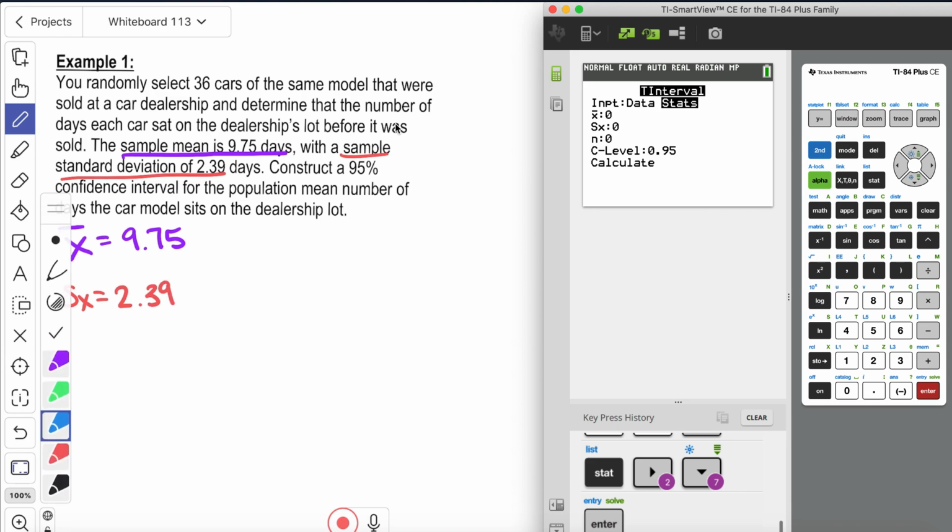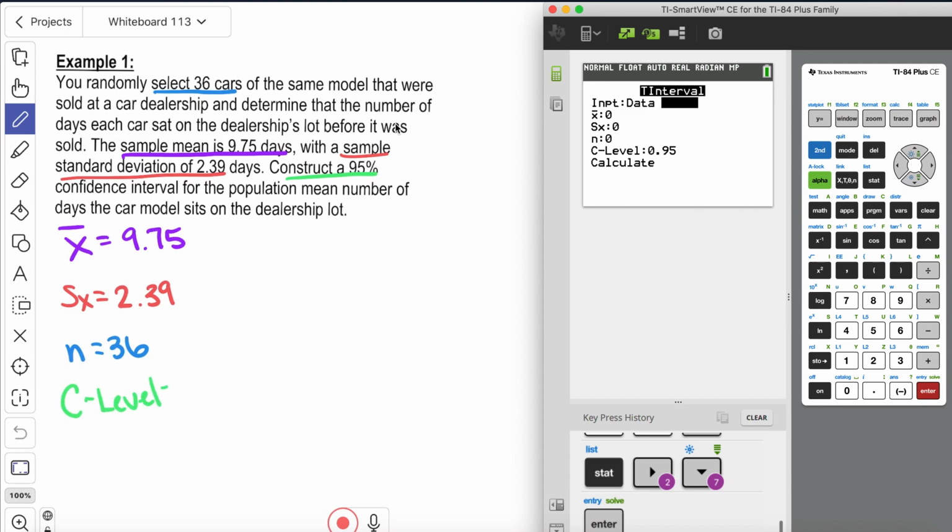The other thing it needs is a sample size N. We selected 36 cars, so my N is equal to 36. And then the last thing it wants to know is the confidence level. My confidence level is 95%. I need to write that 95% expressed as a decimal.